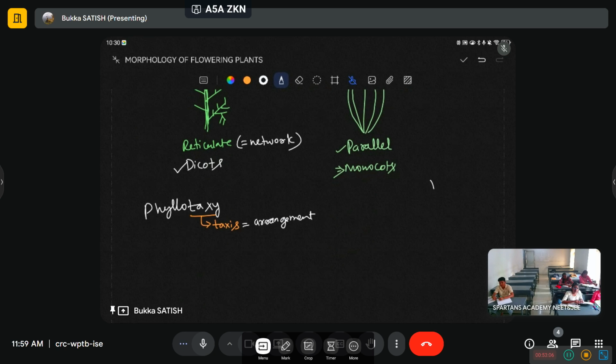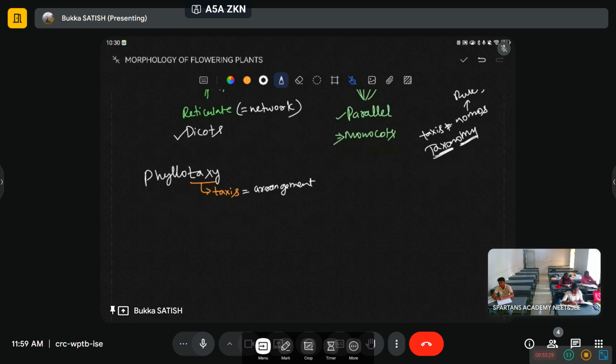Even the term taxonomy: what is the meaning of taxonomy? Taxis is arrangement, nomos means rules. Taxis plus nomos. So basically arrangement rules is what taxonomy or classification is, right?